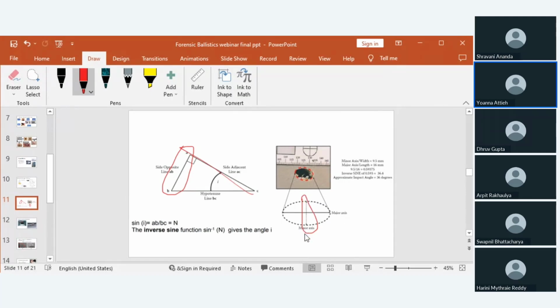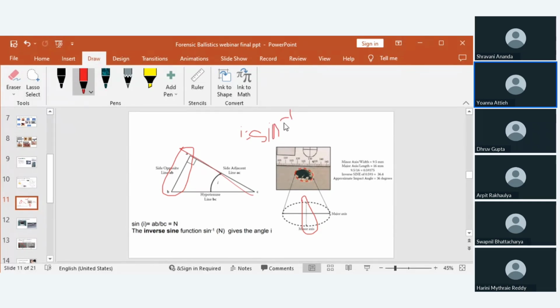Now how to calculate I? Simply, I is equal to the inverse sine. I'm sorry for the drawing, but we do not have another option. So sine to the power -1 of the minor over the major. Okay? Clear?